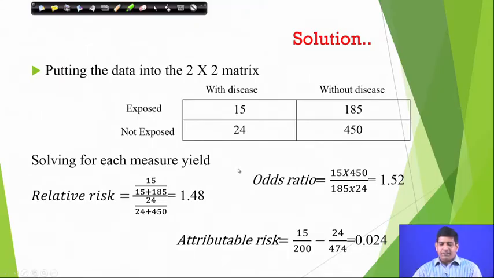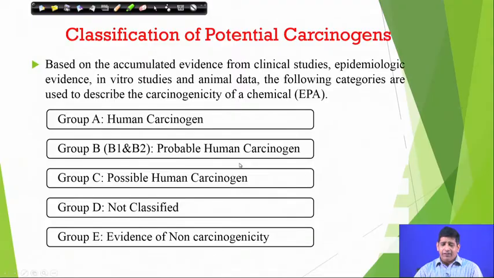So, these kinds of calculations are useful in human health risk assessment. Then in terms of carcinogens, there is evidence from clinical studies and epidemiological evidence, and there are different groups: group A, group B, C, D and E. A is a human carcinogen, B1 and B2 probable human carcinogen, C is possible human carcinogen, where we do not know for sure.